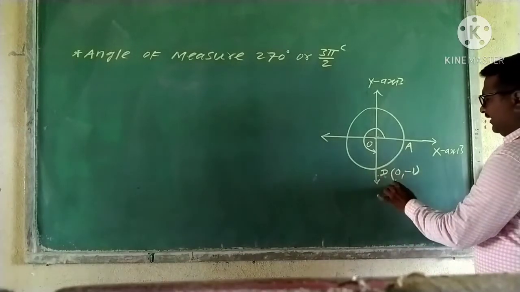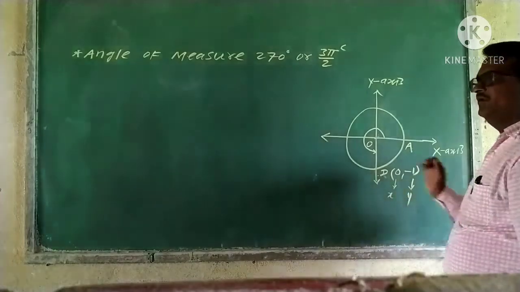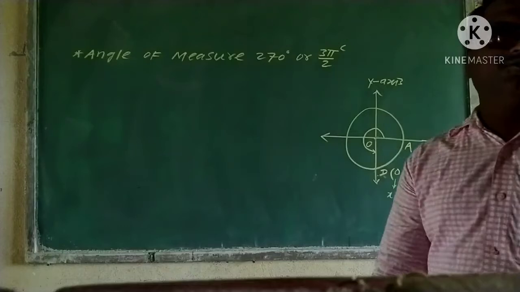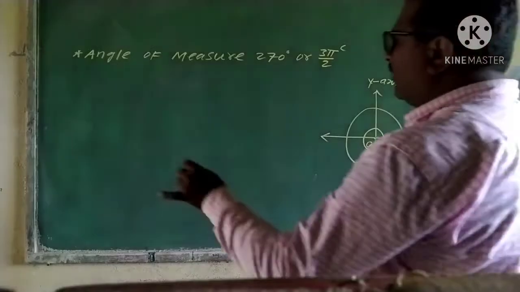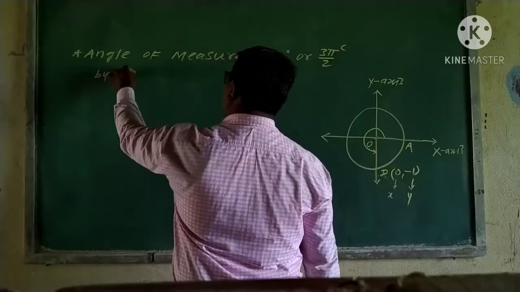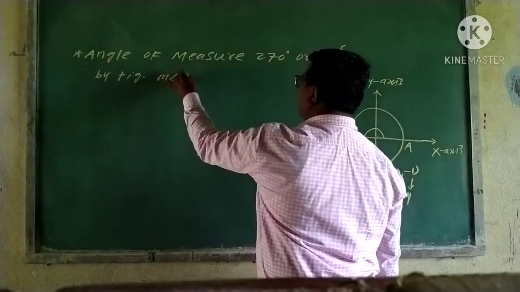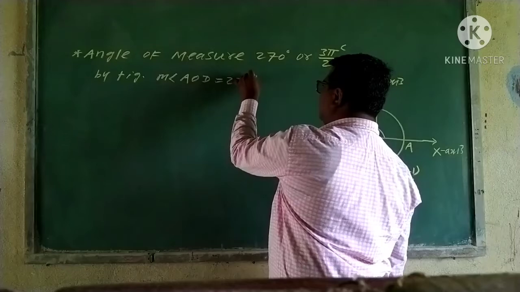So the x coordinate is 0 and the y coordinate is -1. By the figure, the measure of angle AOD equals 270 degree.